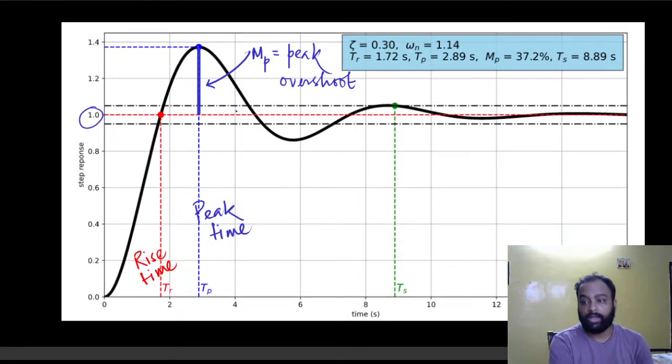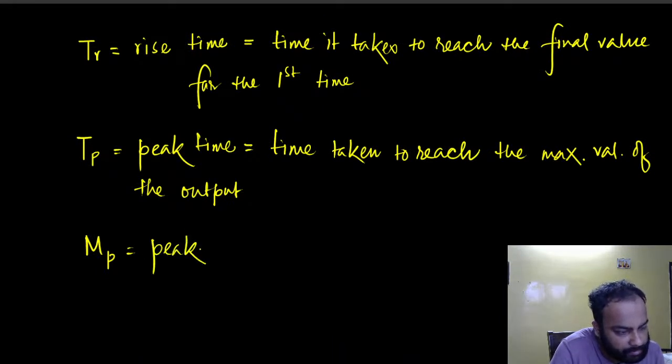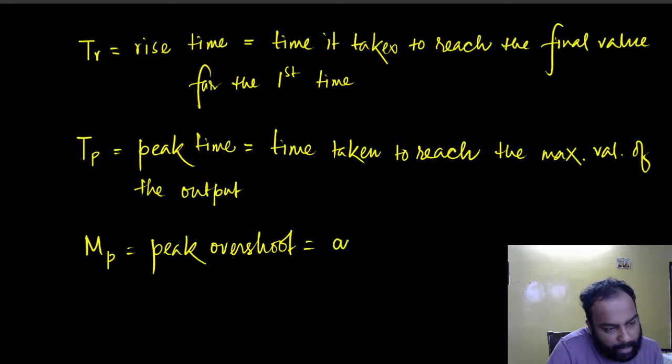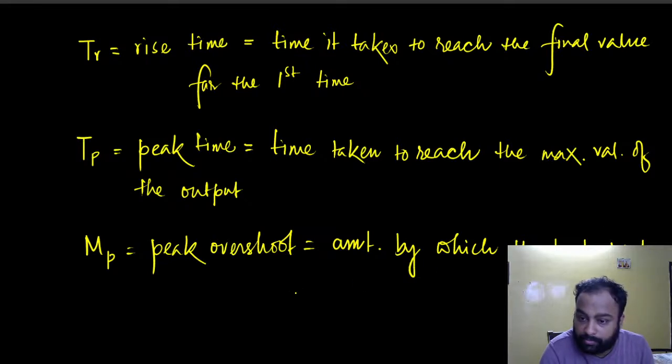And then the time it takes to settle down. Let me just write down the definition of MP. MP is the peak overshoot, the amount by which the peak response exceeds the final value.